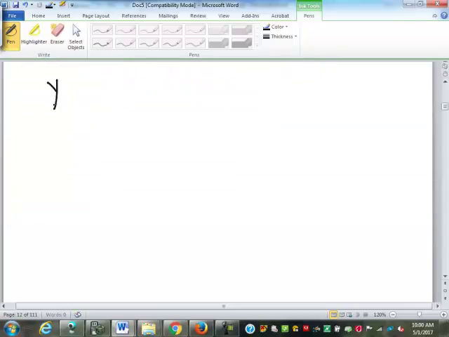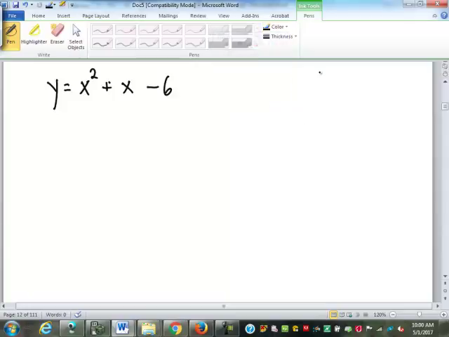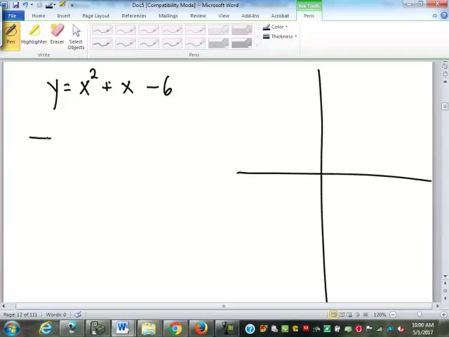We might have equations like this. y equals x squared plus x minus 6. So when I go to graph this, I pick values for x and figure out what y is.